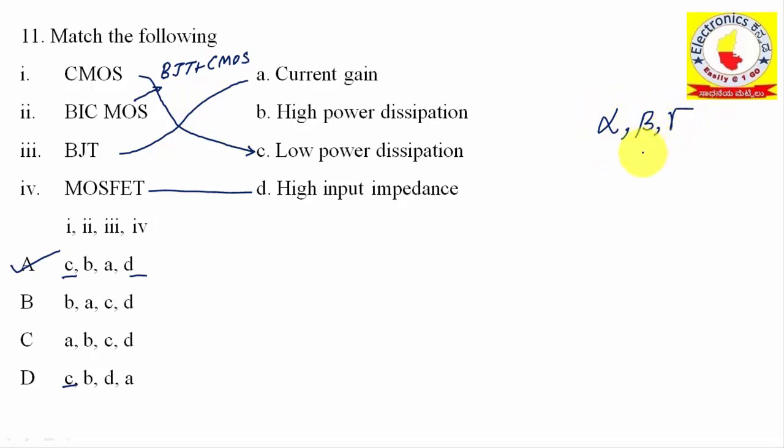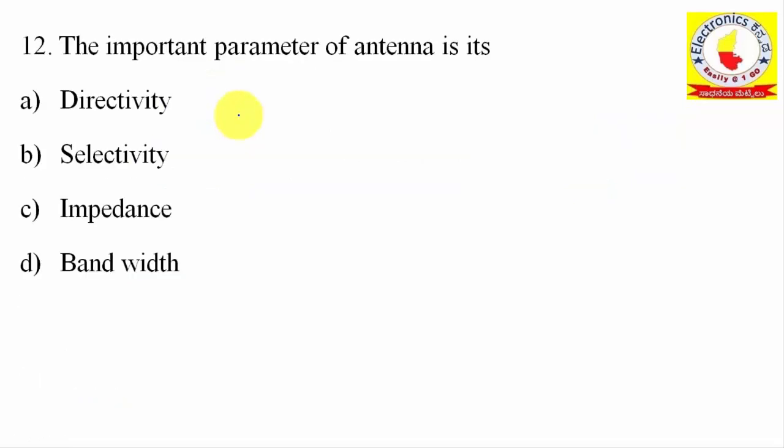Alpha is IC divided by IE, beta is IC divided by IB. So BiCMOS will have high power dissipation, right? So option A is going to follow.